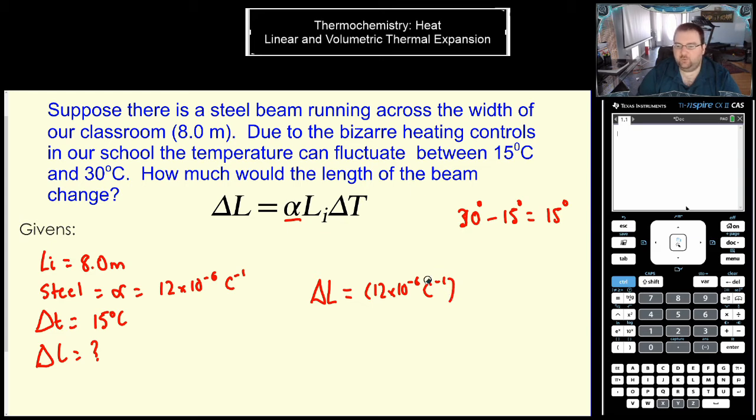And if you don't know what Celsius to the negative 1 means, remember this negative 1 as an exponent means it's on the bottom of a fraction. So this and this are the same thing, right? Celsius to the negative 1 means you drop it down. So this is 12 times 10 to the negative 6 per Celsius, or Celsius to the negative 1.